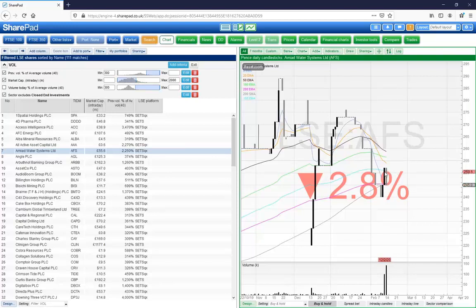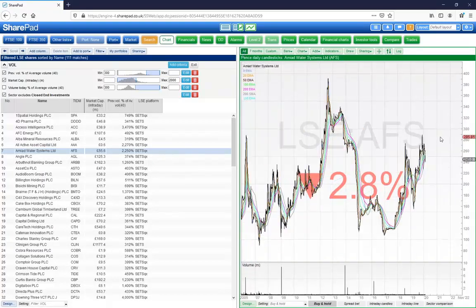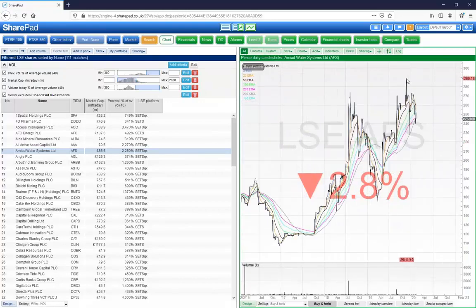So this might be an interesting stock to watch if we would be looking to buy on support. I'm not doing that at the moment. What I would like to do is trade the breakout. So it would be this area here. So again, I could set an alarmed line right here.